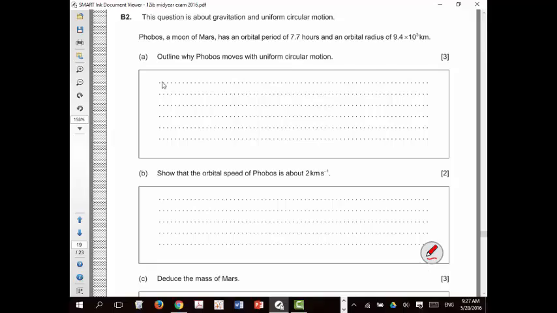So assuming radius of orbit is constant, the path is circular. Okay, that's one point that we could make.